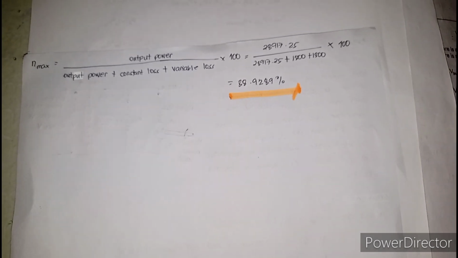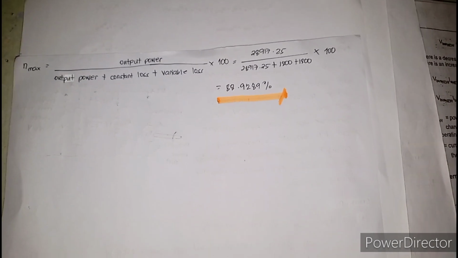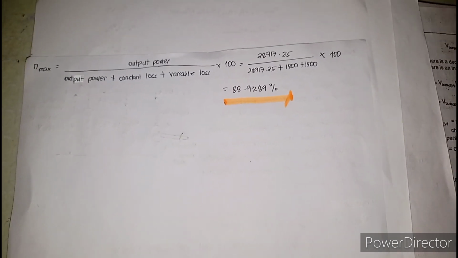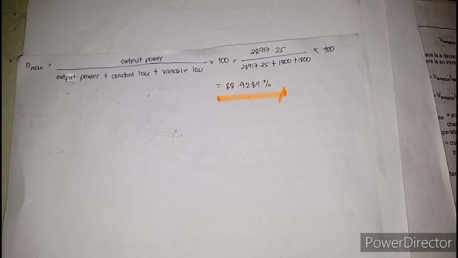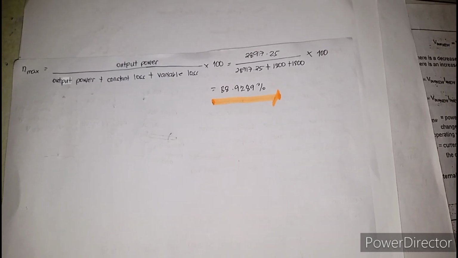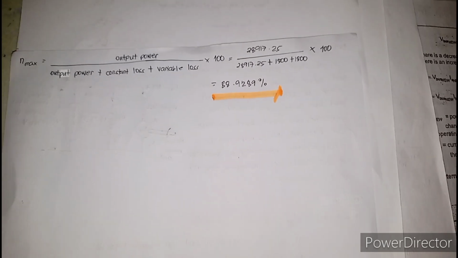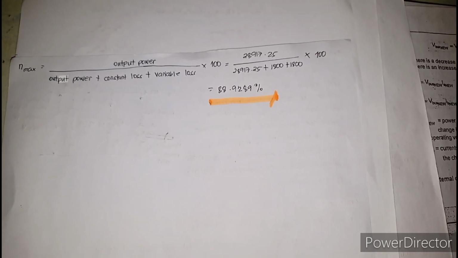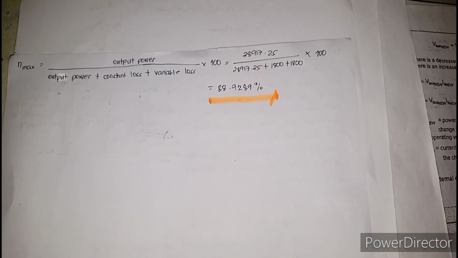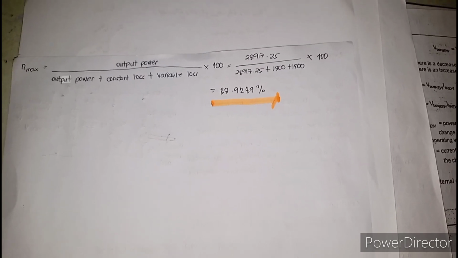Since we have the values, we can now get the maximum efficiency of the generator. Maximum efficiency is equal to output power over output power plus constant loss plus variable loss, times 100.